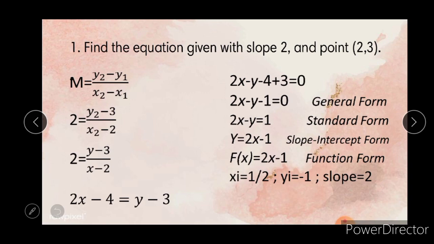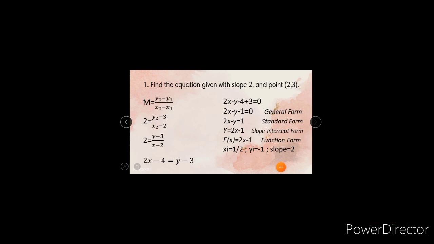Then change the y into f of x so that we can have the function form. So therefore, the equation has an x-intercept of 1/2, a y-intercept of 1, and a slope of 2. In finding the slope, just look at the slope-intercept form, where y equals mx plus b, and the m there is the slope.